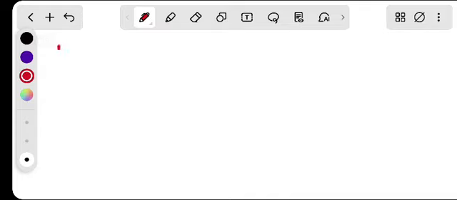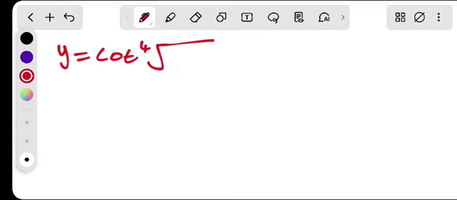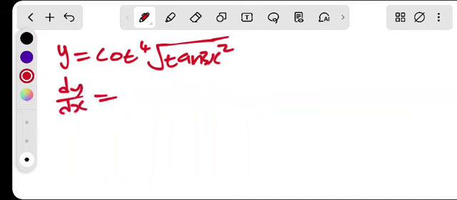Let's say we have y again. If we are given y equals cot raised to the power of 4 of the square root of tan 3x, squared like this, if we want to differentiate this, this will simply equal what?